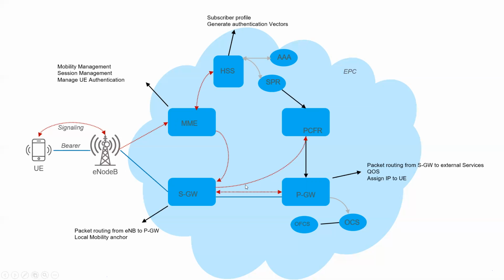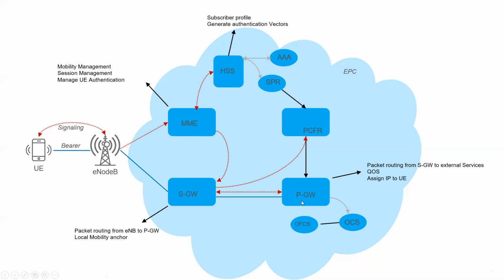The user should still have connectivity towards the internet, even though he moved from one eNode B to another eNode B. For that, the IP address is basically assigned by the P gateway, which means the IP will still be at the P gateway external interface, but then you will have a GTP tunnel, right? A GTP-U tunnel from your P gateway towards your eNode B.